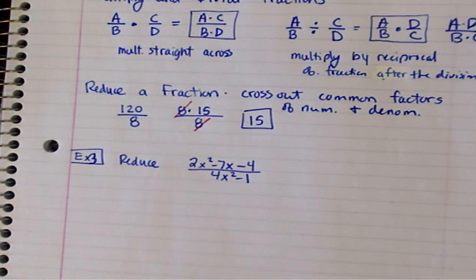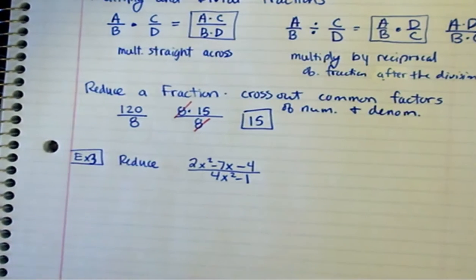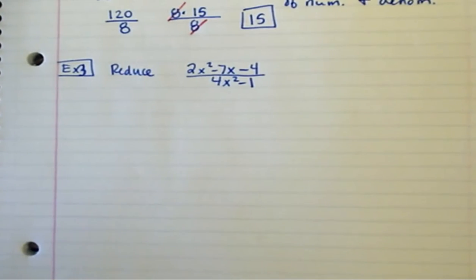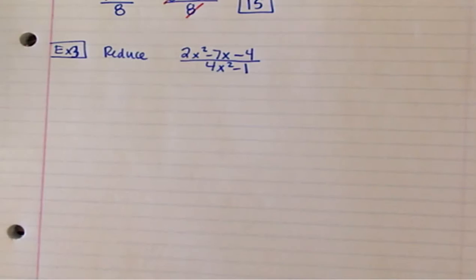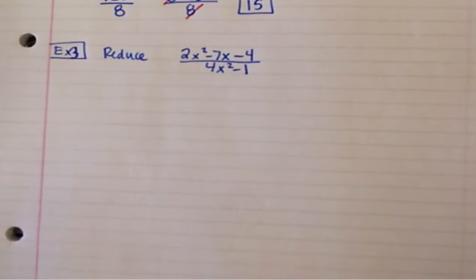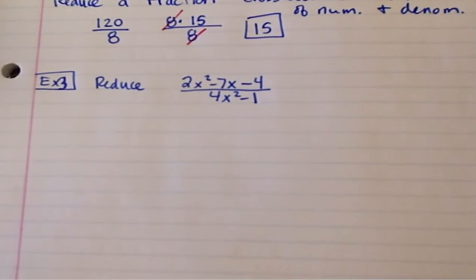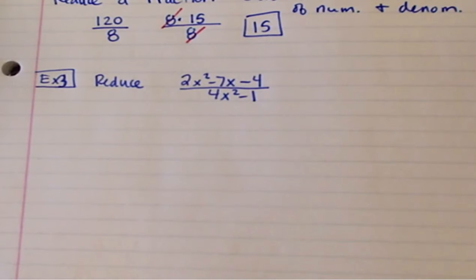It's a fraction. Okay, so if I look at my little reduce notes, it says find a common factor of the numerator and the denominator so I can cross it out.